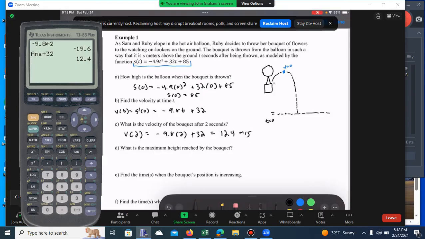Negative 9.8 t plus 32 equals 0, and then 9.8 t equals 32, and then divide by 9.8. 32 divided by 9.8, I get 3.27 seconds.